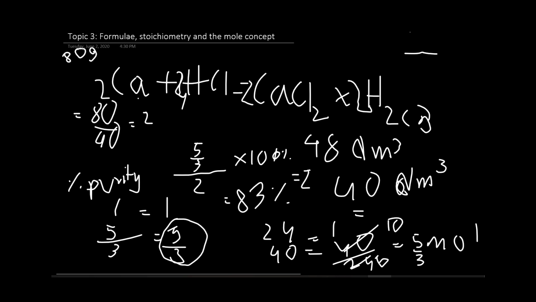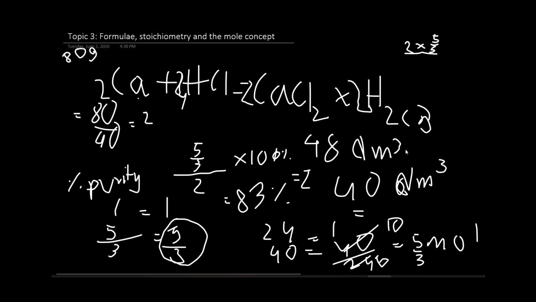So 1 mole of hydrogen gas has a mass of 2 grams, since there are 2 hydrogens here. Mass equals Mr times moles. So this is Mr, into mole, and our mole is 5 by 3, divided by the theoretical yield, which is 48 dm cube, or 2 moles.